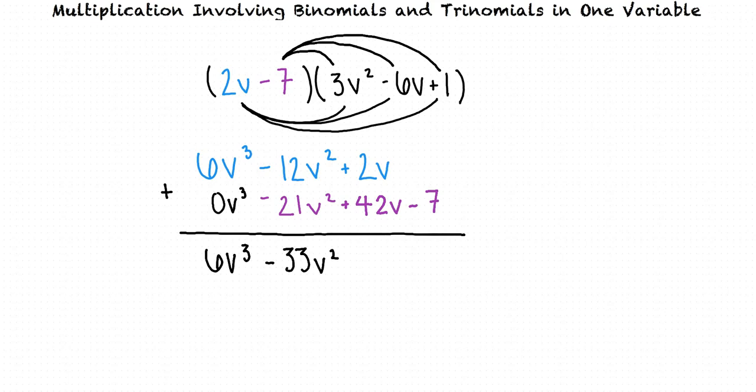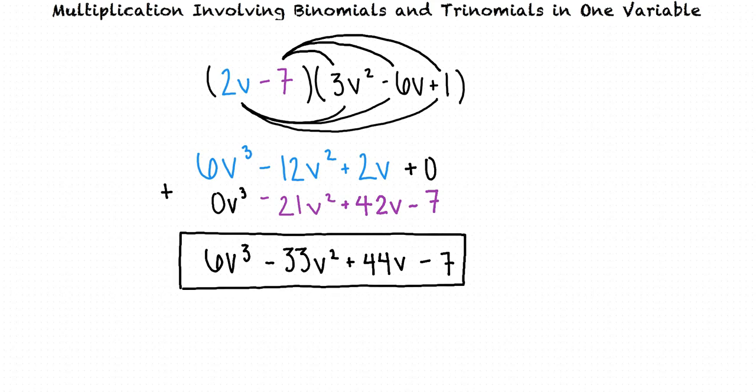And 2v plus 42v equals 44v. Also, since the top polynomial doesn't have a constant term, 0 minus 7 is negative 7. So this is our final answer, right? That's right. After multiplying the original polynomials and simplifying, our final answer is 6v cubed minus 33v squared plus 44v minus 7.